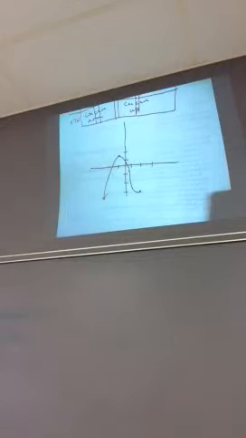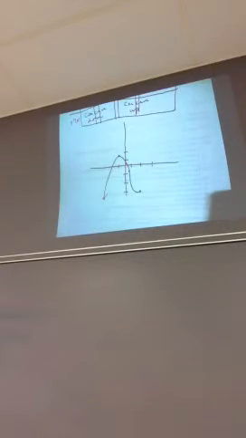And then finally, from 2 on to infinity, I'm increasing and concave up, which is going to look like this. All right, are we good with that? Okay, so we've just constructed the graph without a graphing calculator, and that's good stuff.